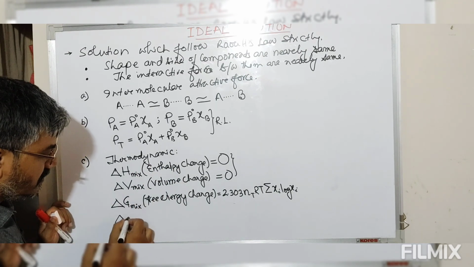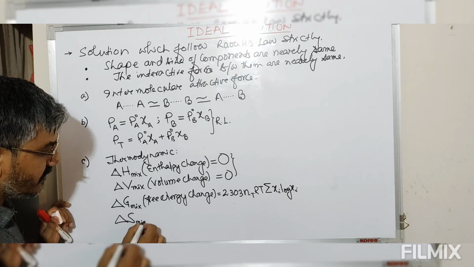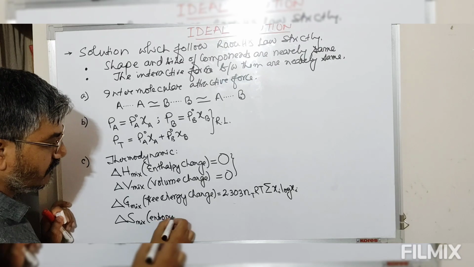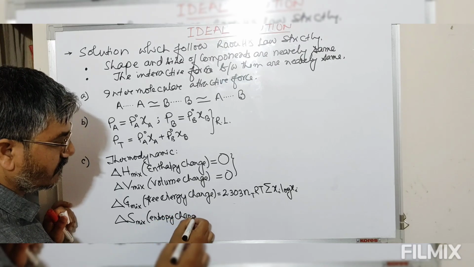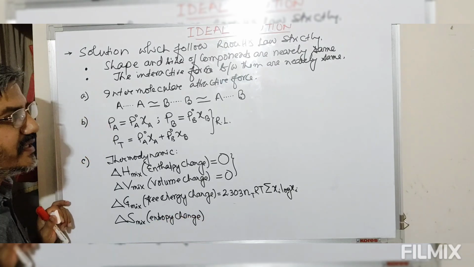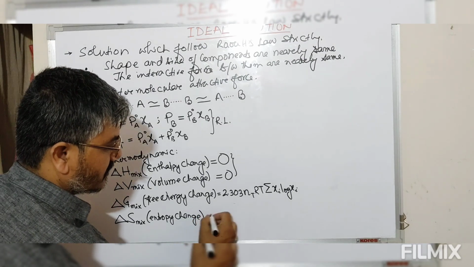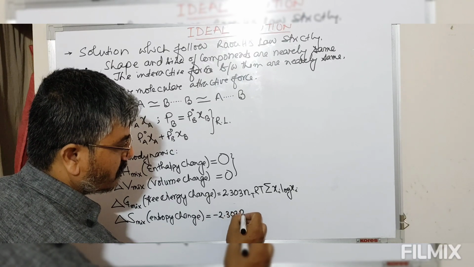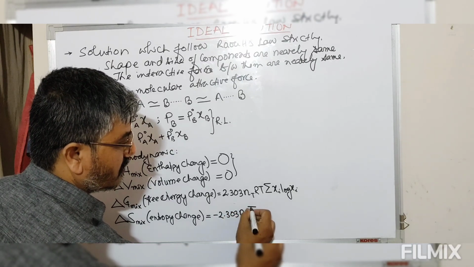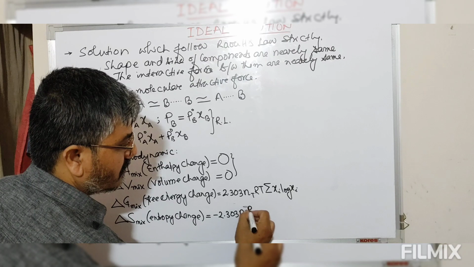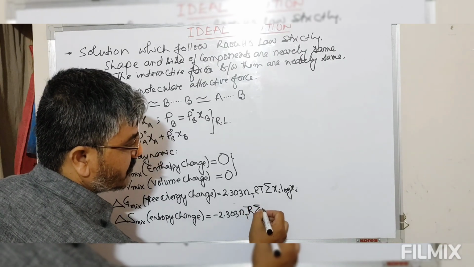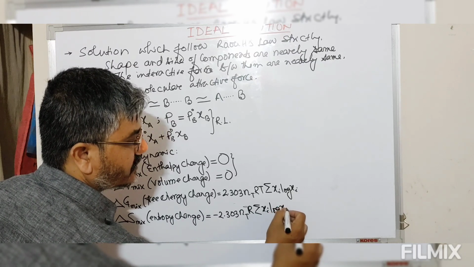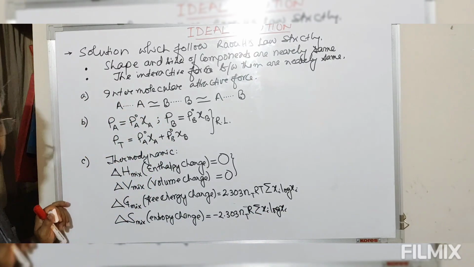And the entropy change during the mixing. The entropy change is equal to minus 2.303 NR times the summation of the mole fraction of the ith component into log of the mole fraction of the ith component.